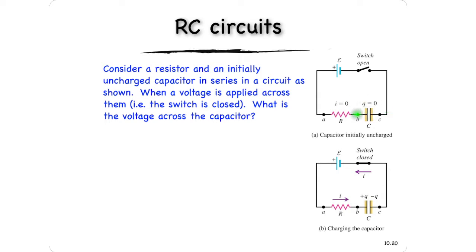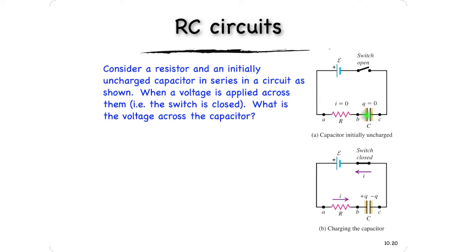And so if the capacitor is initially discharged, so that the charge on it is zero, what is the voltage across it from B to C? It's also zero, yeah. So V is Q over C. So if Q is equal to zero, if the charge is zero, there's no voltage across it.